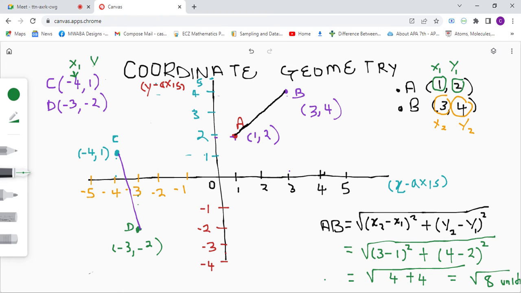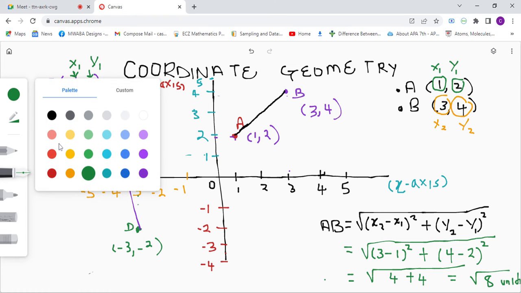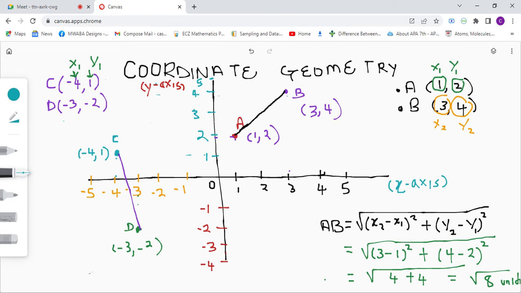Our y1 is this 1 here. And then our x2 is -3 here, and our y2 is this -2 here.